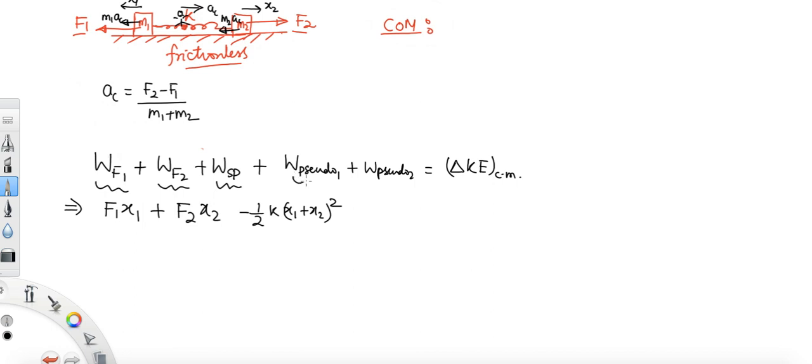The pseudo force work will be plus m1 AC times x1 for the first block, and for the second block plus m2 AC, but the displacement x2 is in the opposite direction, so I am putting minus x2. This is equal to delta K cm, that is half mu v relative squared.